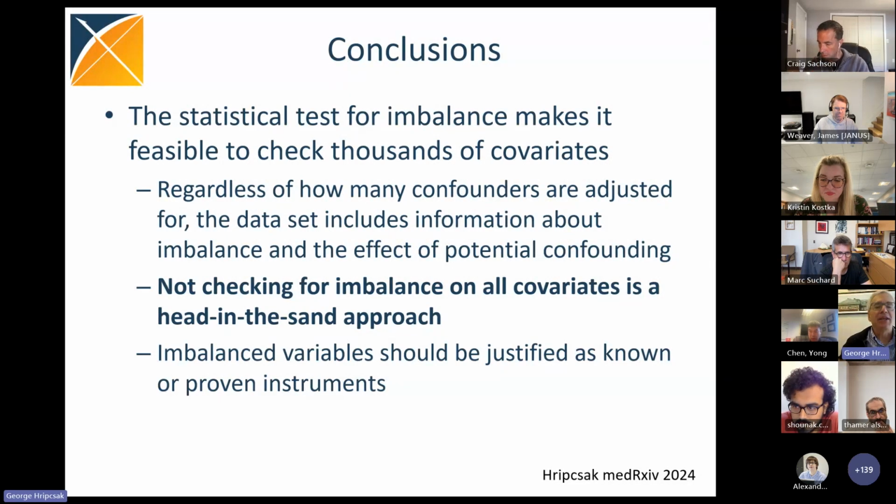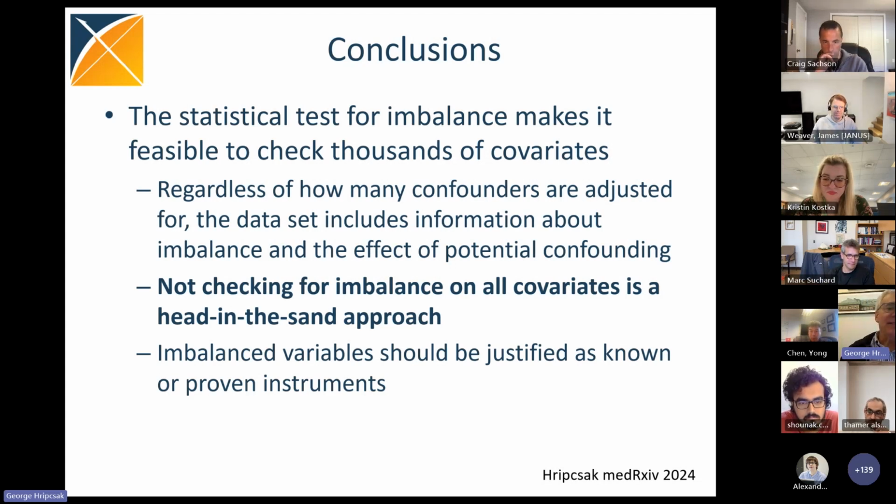An important point, using this method, even though you only adjusted for 10 variables, you should be checking all 60,000 for imbalance. And if any are imbalanced, you should be convincing us in your paper that they're not confounders, that they're instruments, or it's just chance or something else. You should not be able to get away with not checking for imbalance on every covariate you have.